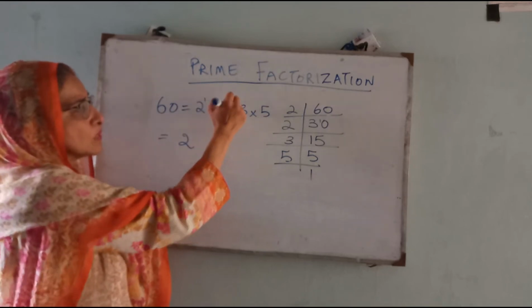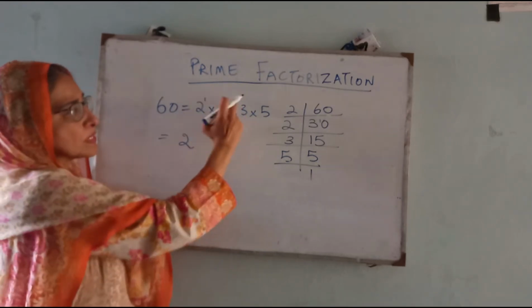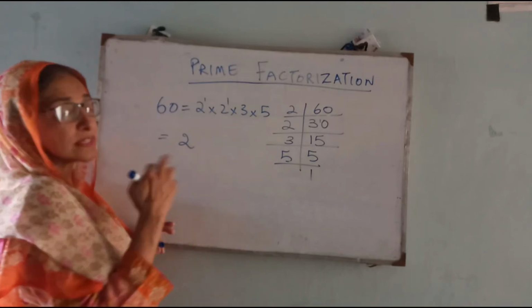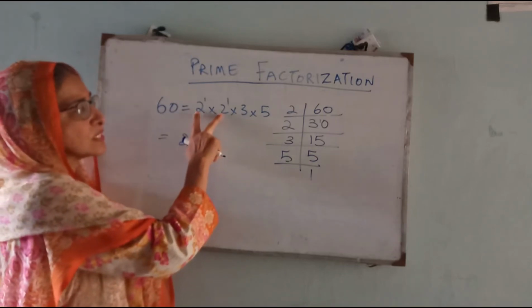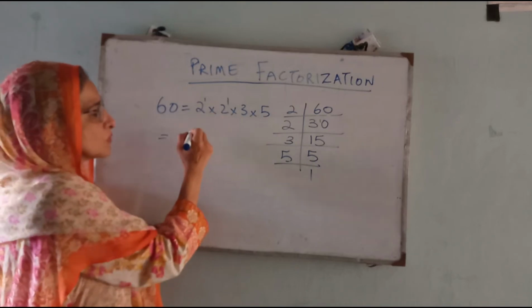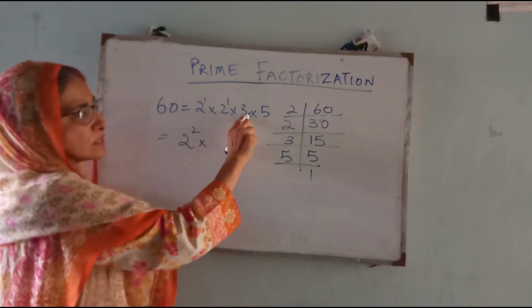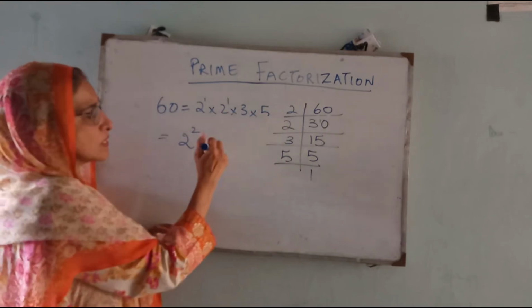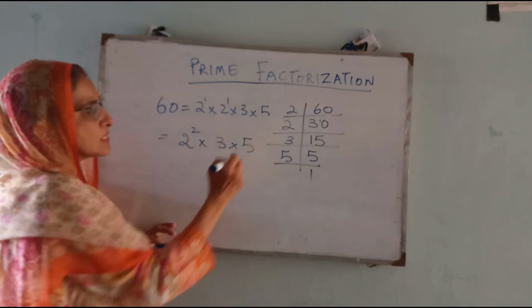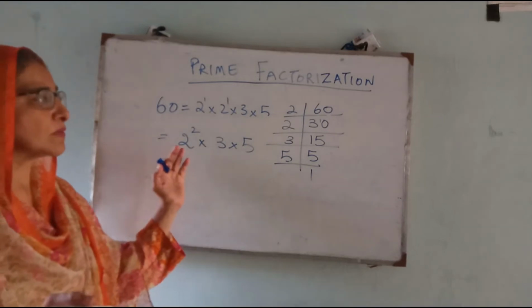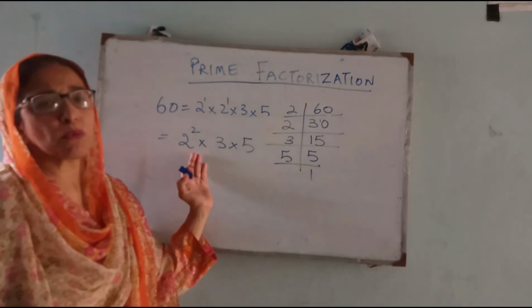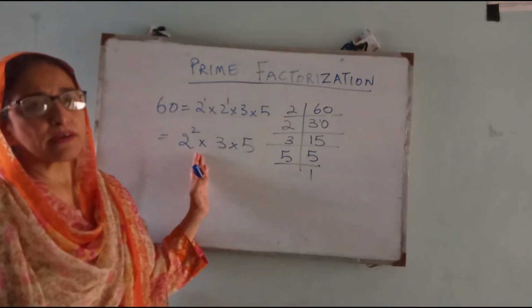There is 1 power on it, 1 power on it, 1 plus 1 will make it 2. And using your common sense also, you can see that 2 is coming 2 times. So the power for 2 will be this, and this will be 3. These two bases are different, so we are going to write it as it is. This is the representation of 60 in the form of index notation, right?